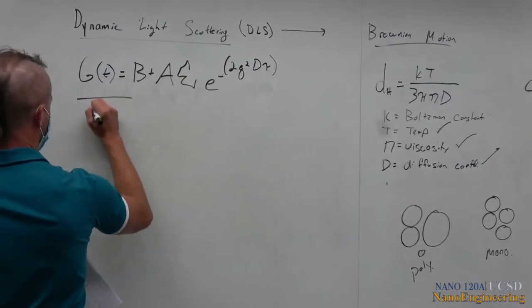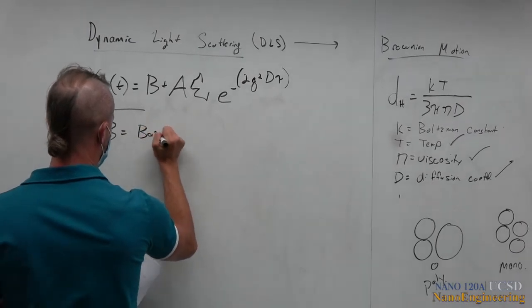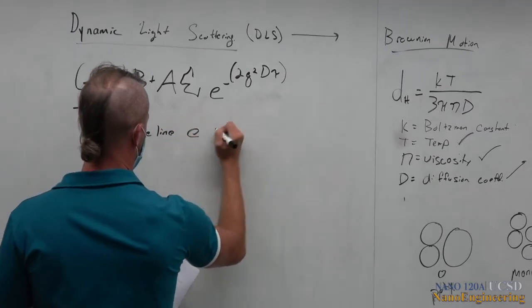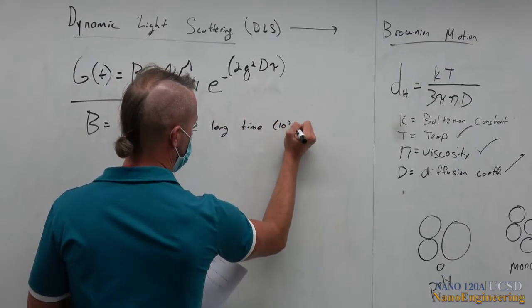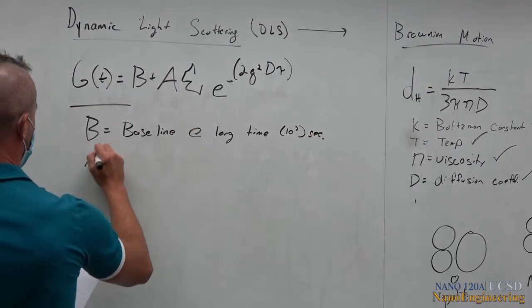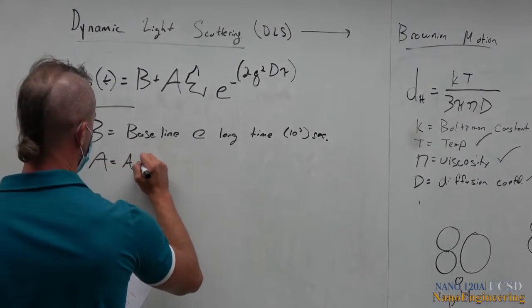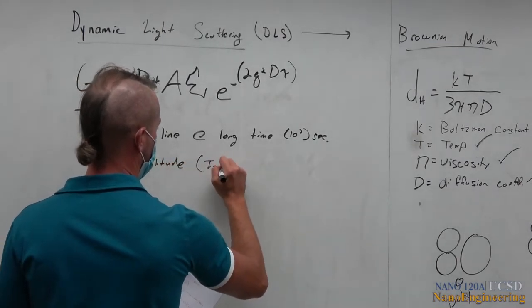So here, B is the baseline at long time, meaning 10 to the second seconds. A is the amplitude or the intercept.